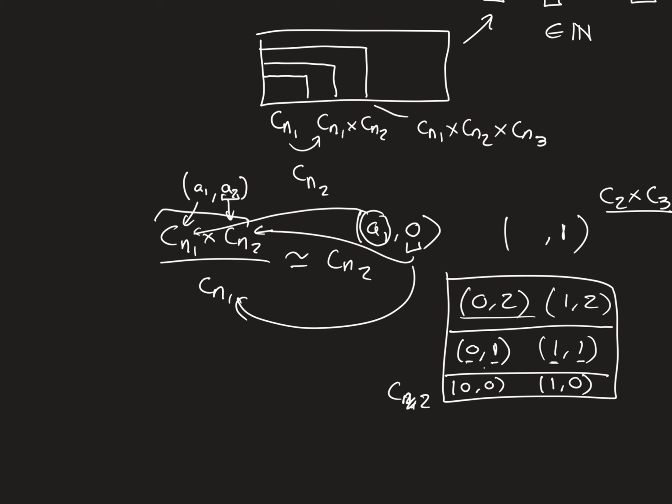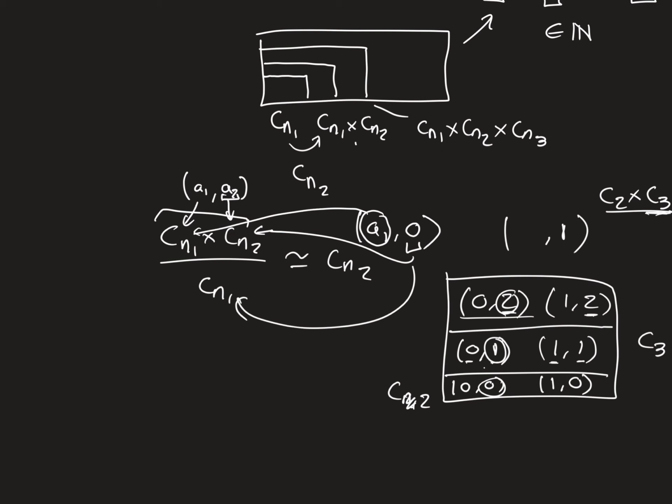So what I'm trying to convince you of is that the things that are in the same coset are always going to have the same entry in their second position, and therefore, when we quotient out and build the group made out of these cosets, it's going to be the same as C3. It's the same as if you just discount what's in the first position and just look at what's in the second position, and compose them together in that second position. So this works quite nicely.